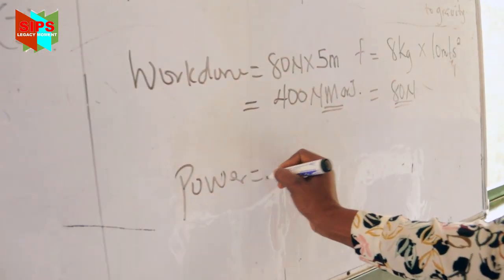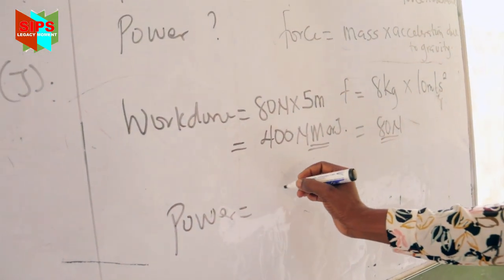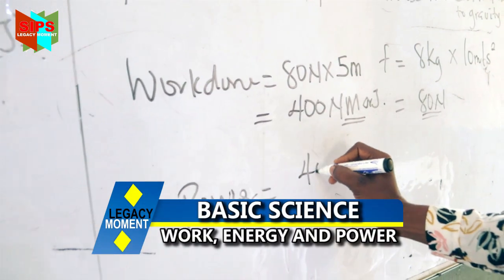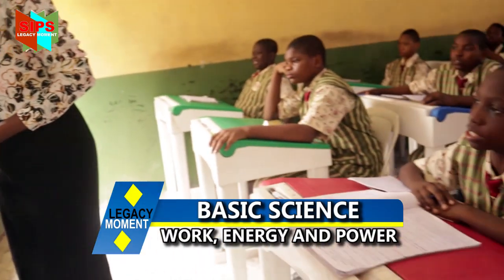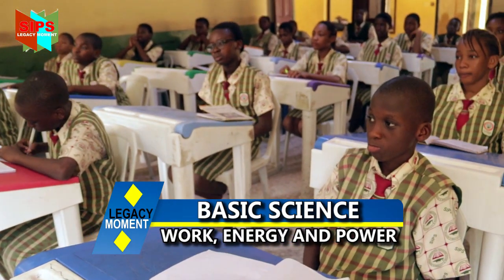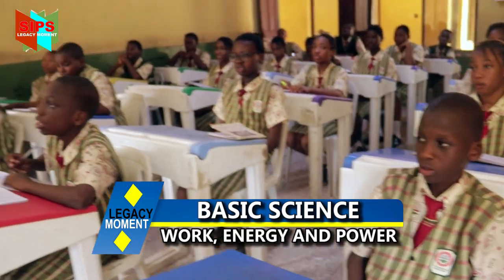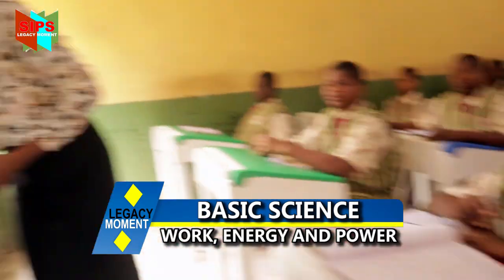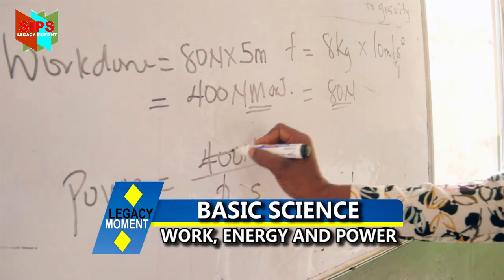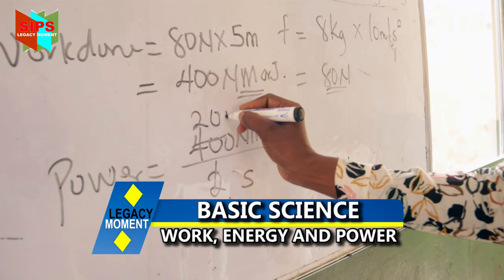Power becomes work done over time taken. And from what we've calculated, our work done is what? 400 Newton meters or joules. The time given from the question is how many, please? 2 seconds. So we'll simply divide 400 by 2, which gives 200.